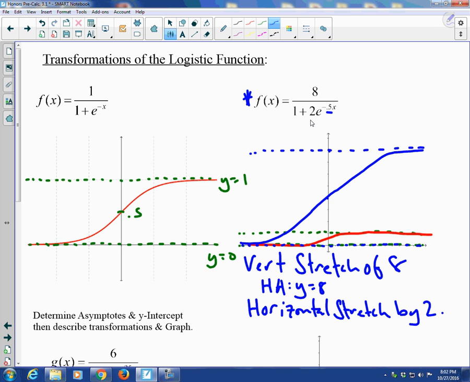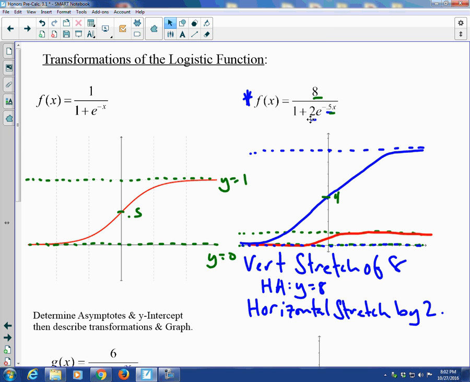Now right here, I want to talk about another way we can see the horizontal shift that the multiplication of 2 gives us in the denominator. Now in general, if we were just looking at the two transformations we've talked about so far, we would see our logistics function crossing halfway between our two horizontal asymptotes still at 4, right?